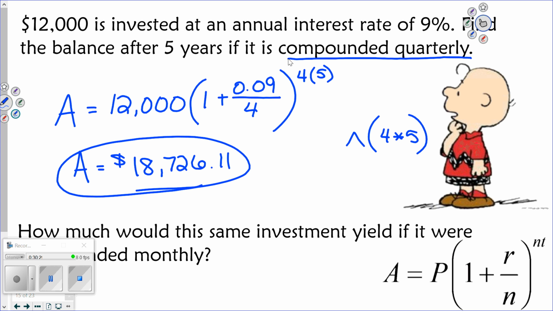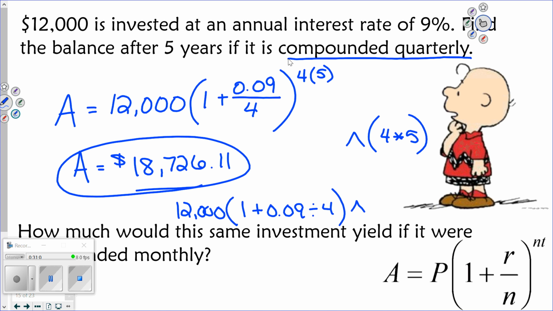So you could just do 12,000, parenthesis 1 plus 0.09, type in the divided by 4, close that one, and then make your exponent. If you're on the scientific, that would have to be in parentheses. If you're on graphing, it doesn't have to be. But order of operations is going to divide that first before it adds the 1, so you wouldn't technically have to put an extra parenthesis or put it as a fraction. Okay, anyone not able to get that to work?